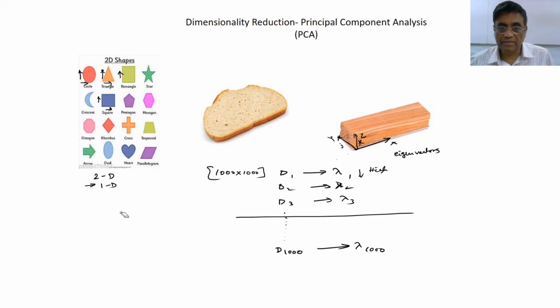So that's the basic objective. We can reduce the dimension by formulating an appropriate algorithm. So isn't it very simple? I think it is very, very simple, right?